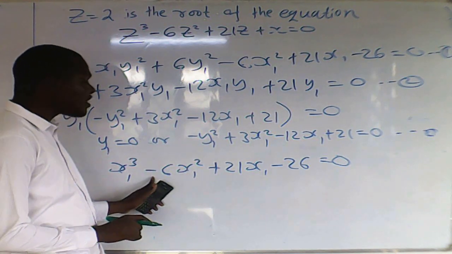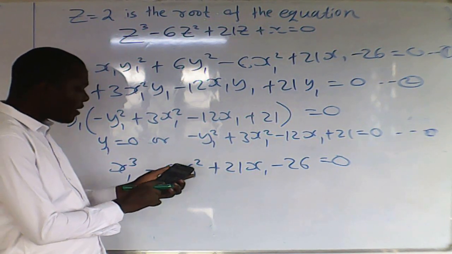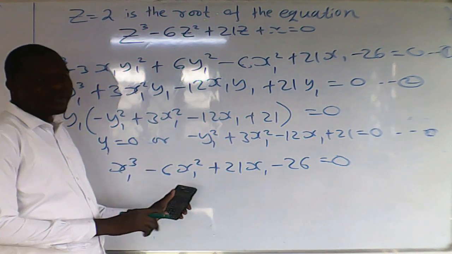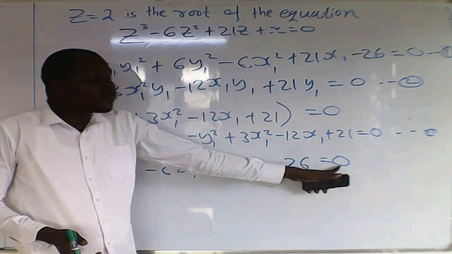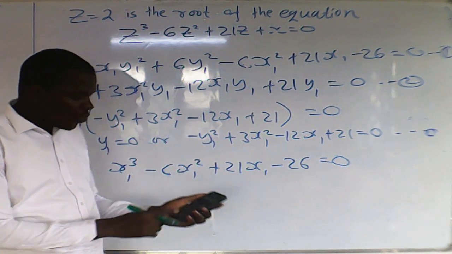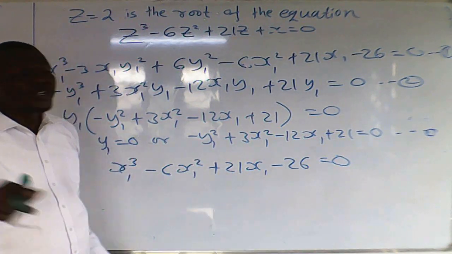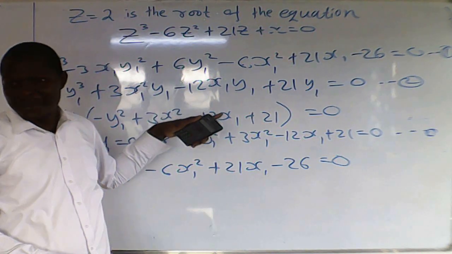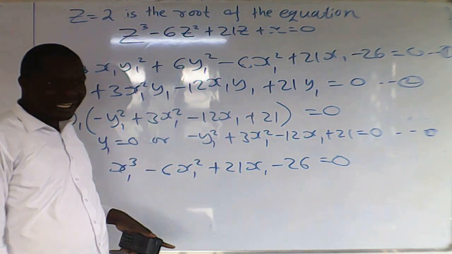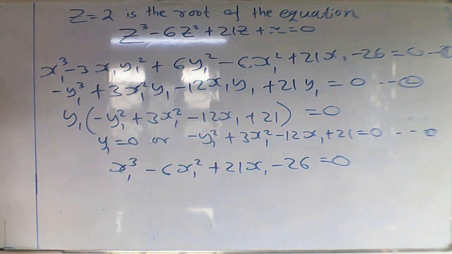So you start testing when x is 1, what is the answer? Negative, it's not the root. It is only the root when you get the answer to be 0, isn't it? You test 2. When x is equal to 2, I get 0, meaning 2 is a root. In fact, 2 you were given. You see? Yes. So 2 is a root.